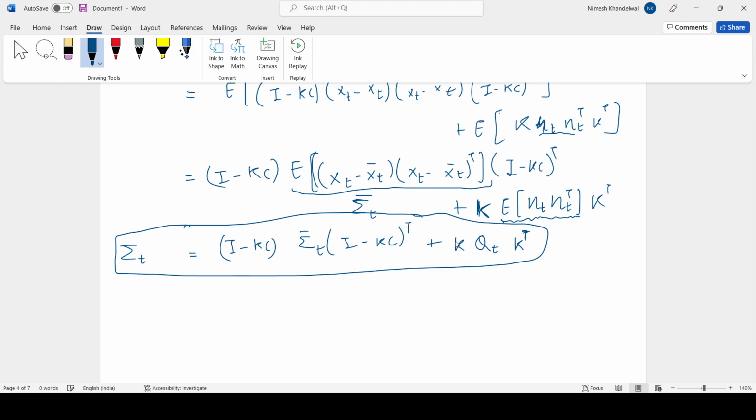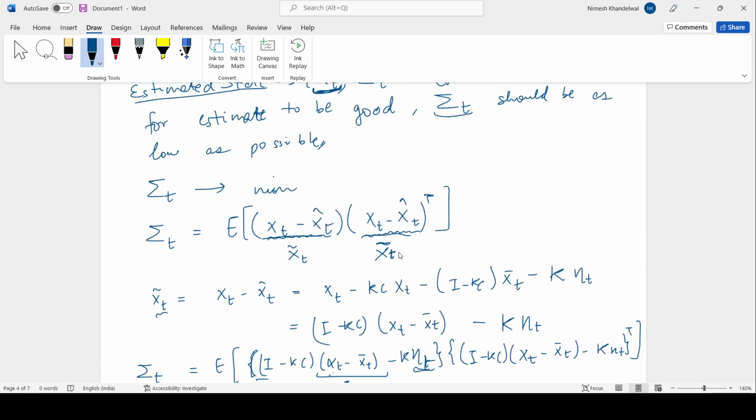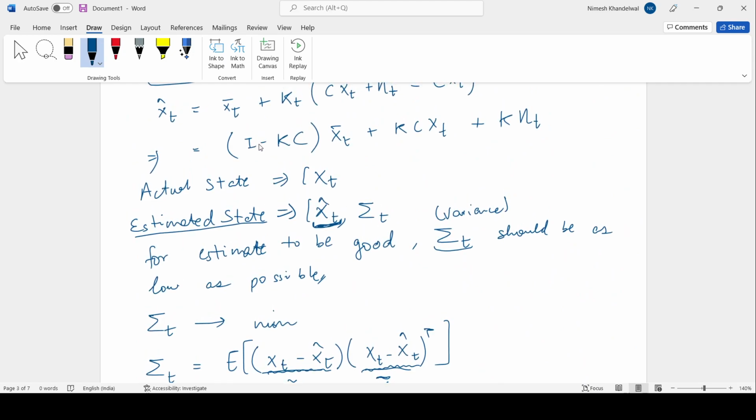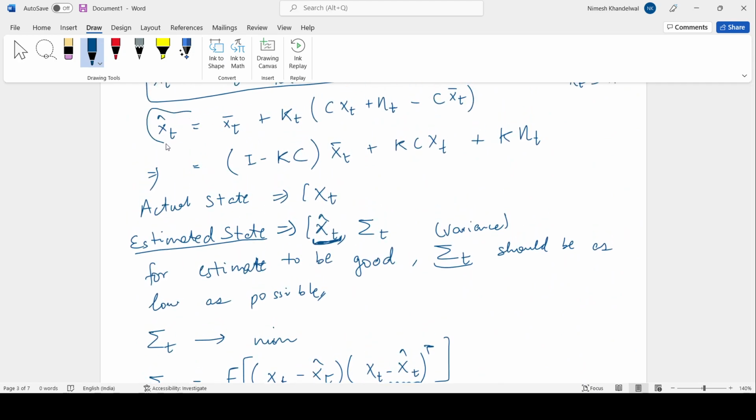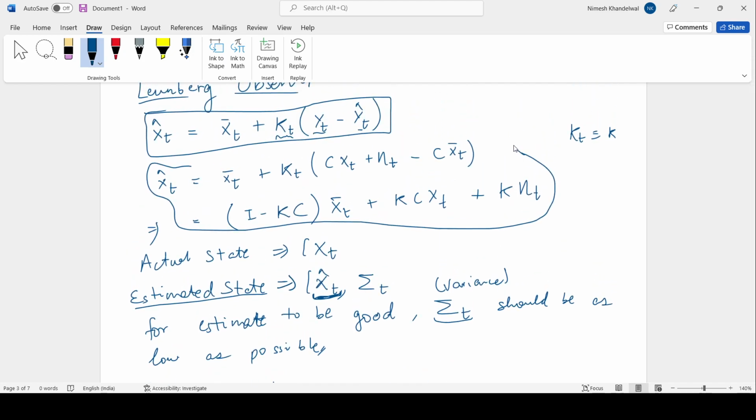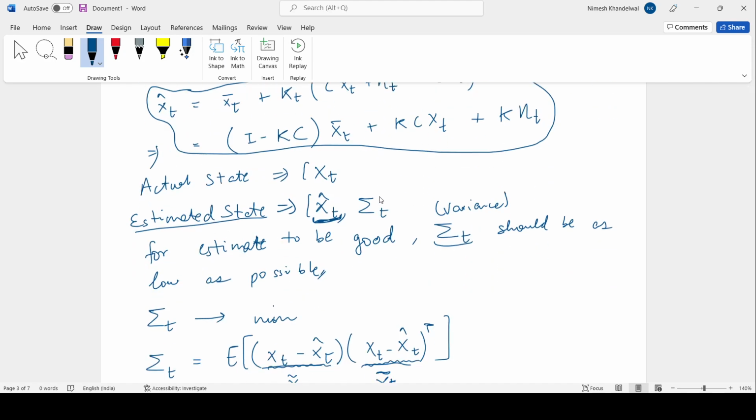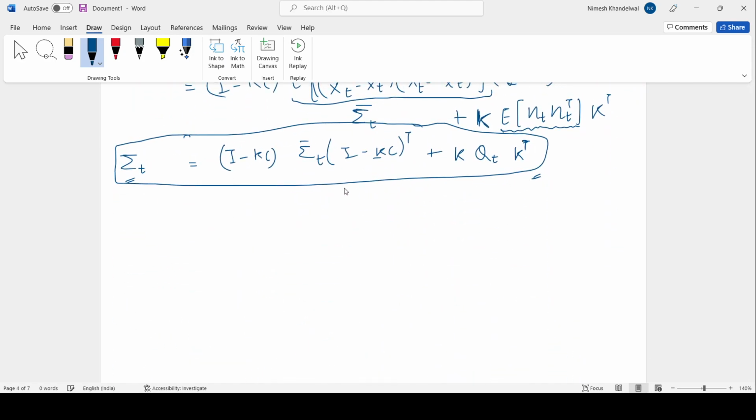So now you see, this is my final variance, but there are unknowns. I have both the expressions now. I have my final x hat of t, and I have my final sigma t, but K is still an unknown.